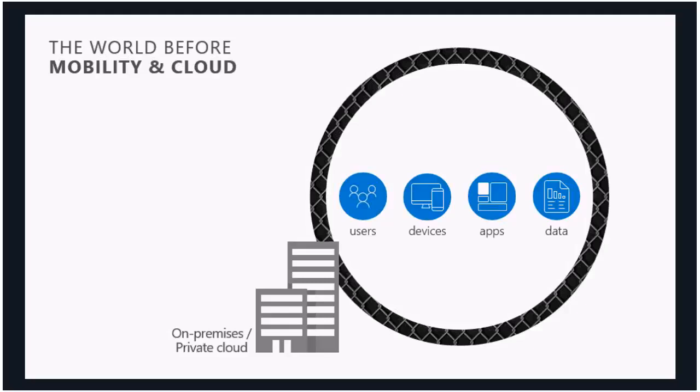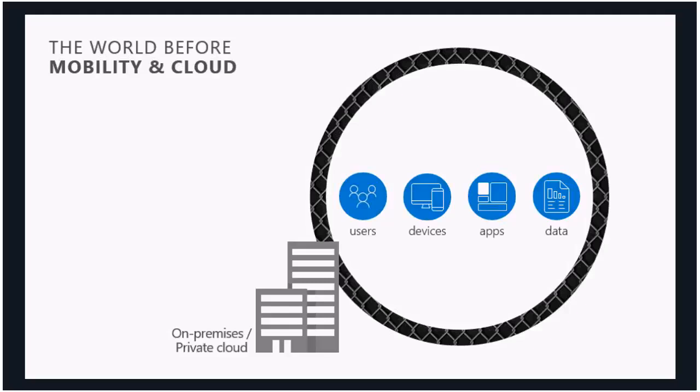We've seen a tectonic shift in how that before has become the now. In the now, we have users wanting to bring their own devices to the organization. We have users wanting to use different SaaS apps because they help these users to be productive. We have users wanting to access data from all sorts of locations, not just the customer's corporate network.